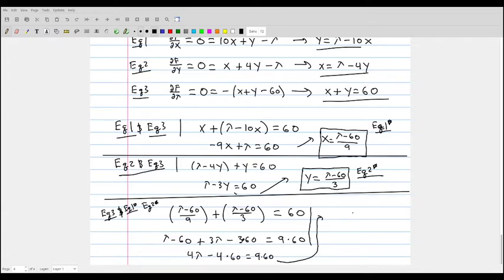Which is the same thing as the equation 4 times lambda minus 60 is equal to 9 times 60.